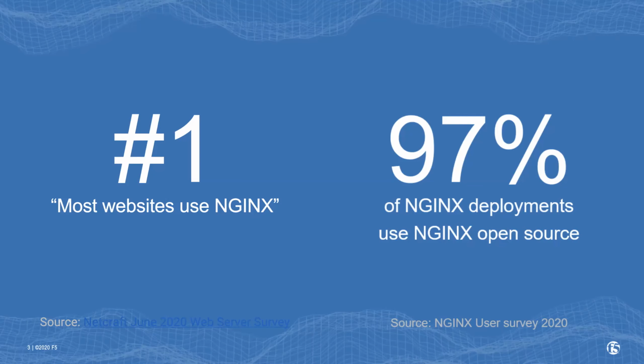It's not surprising to see this because when it was released around 2001, from that point onwards, we always kept NGINX as open source software so that we can contribute back to the community, which drives one of the main reasons for it being one of the best web servers in the world.